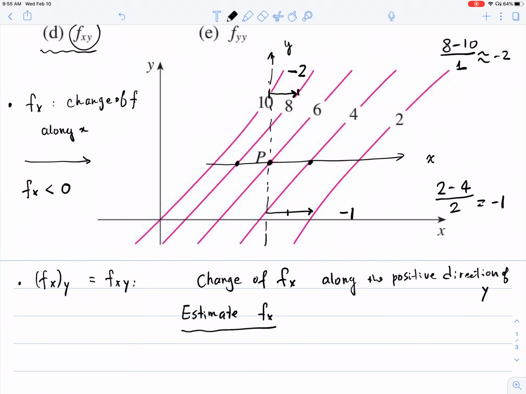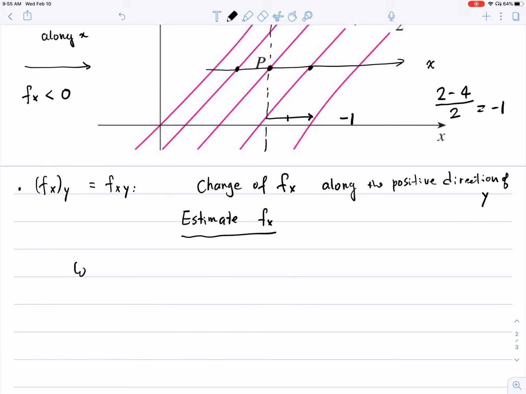Okay. So because of the negative value over here, what we are seeing is that when y is increasing, the f_x value changes from -1 to -2. Now, because of this negative sign, we know that the f_x value is decreasing.